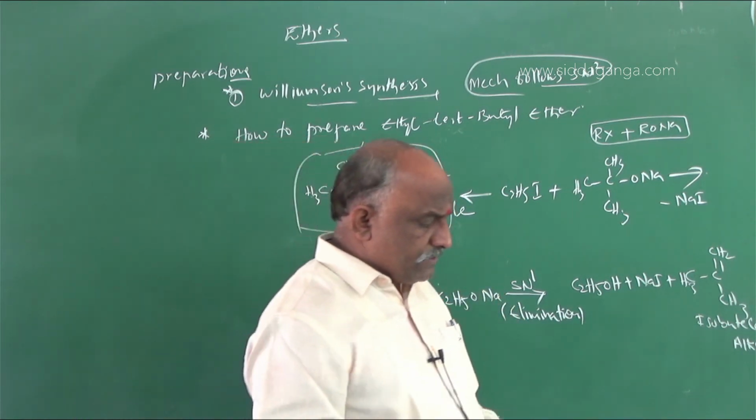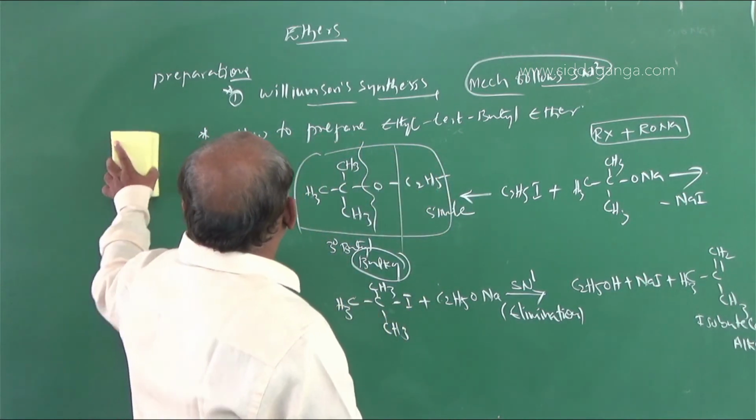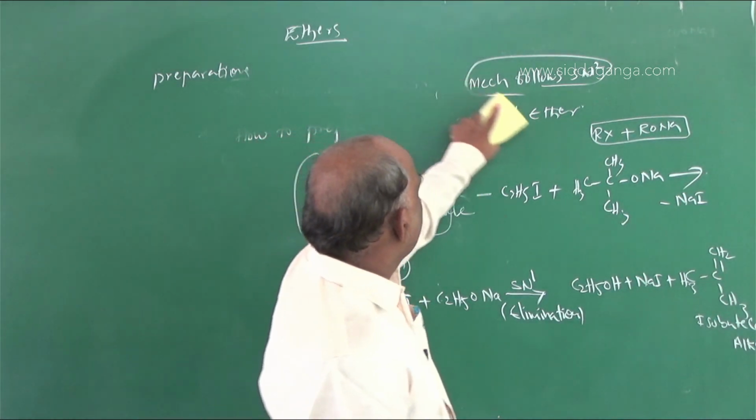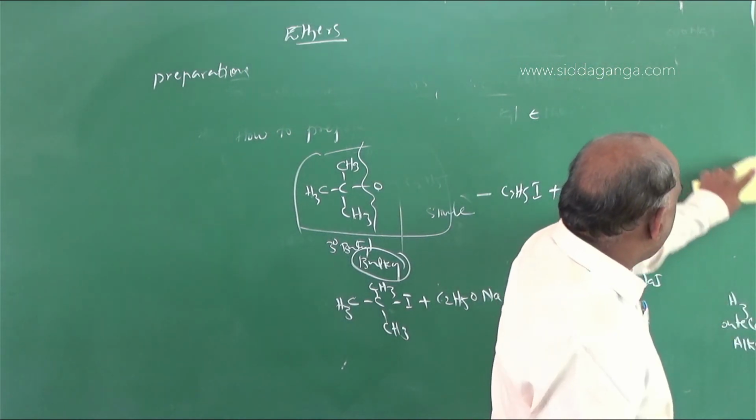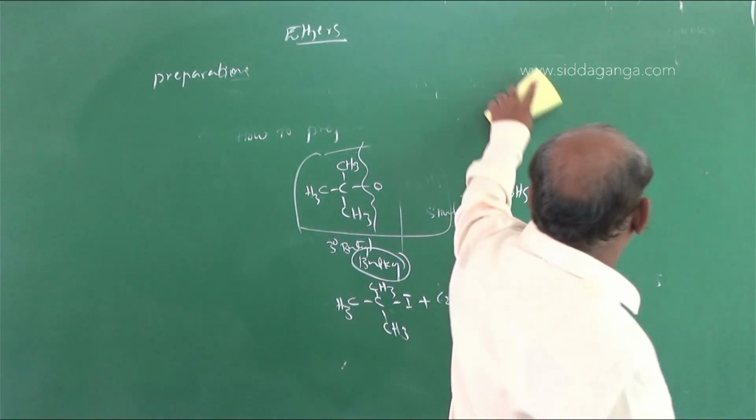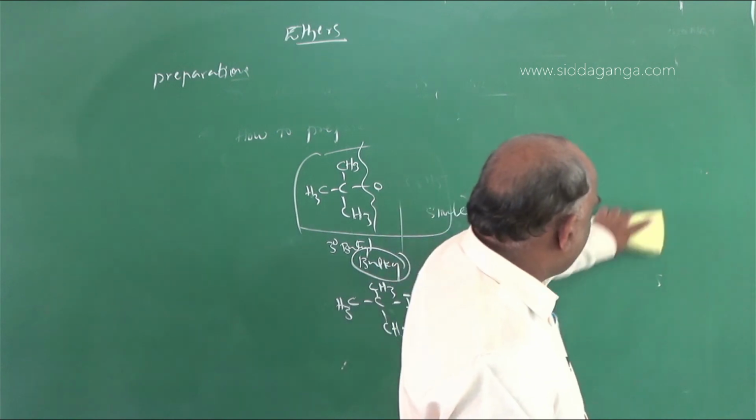And suppose, in this same Williamson synthesis, you would like to prepare aromatic ethers. How to prepare aromatic ethers?